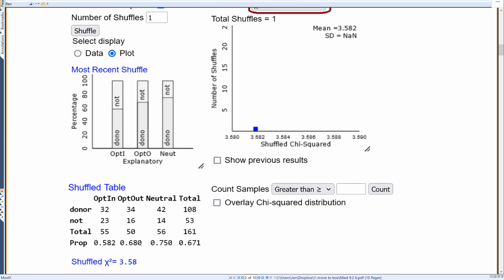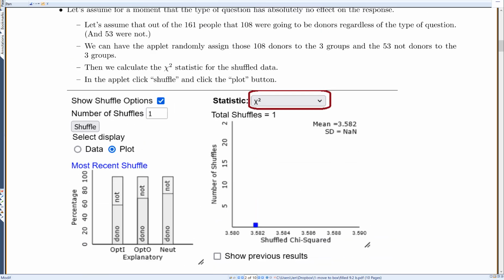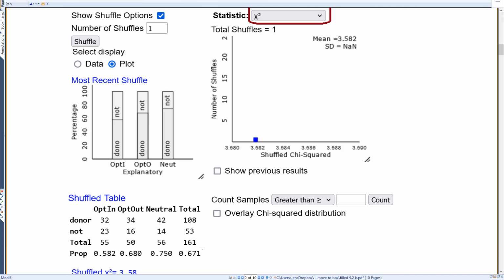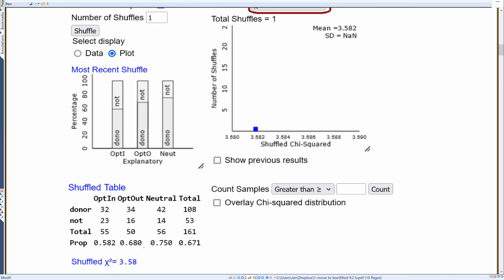Okay, so let's look at this output just to make a few notes. Make sure your statistic says chi-squared. If you select over to the left, it should change here too, but make sure you're looking at chi-squared and not another statistic. So this is my most recent shuffle. This is my shuffled chi-squared, and it shows up here on my plot.